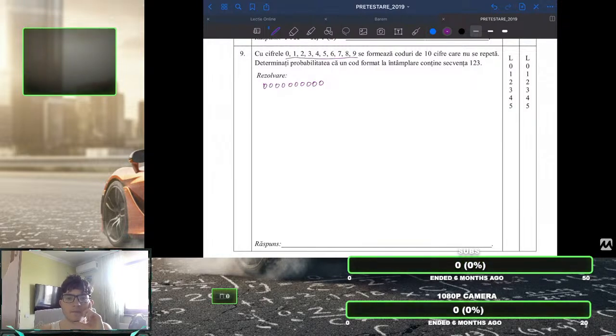So now what? Basically now we need to calculate the favorable cases, and here you have to think about combinations and arrangements, and which one we need.